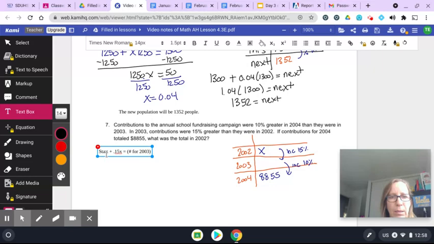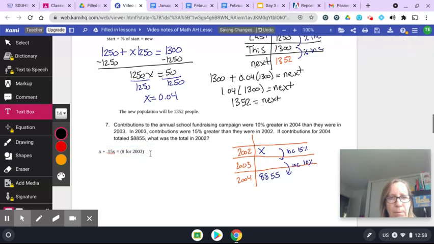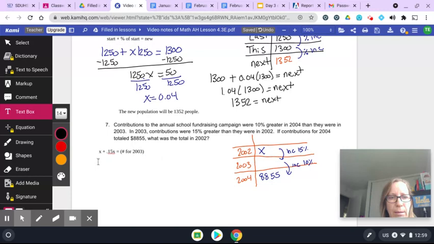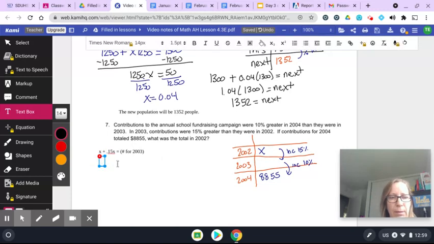I know that here my X is my start. So then I'm going to simplify this. X plus 0.15X, that's 1.15X, is equal to my number for 2003.